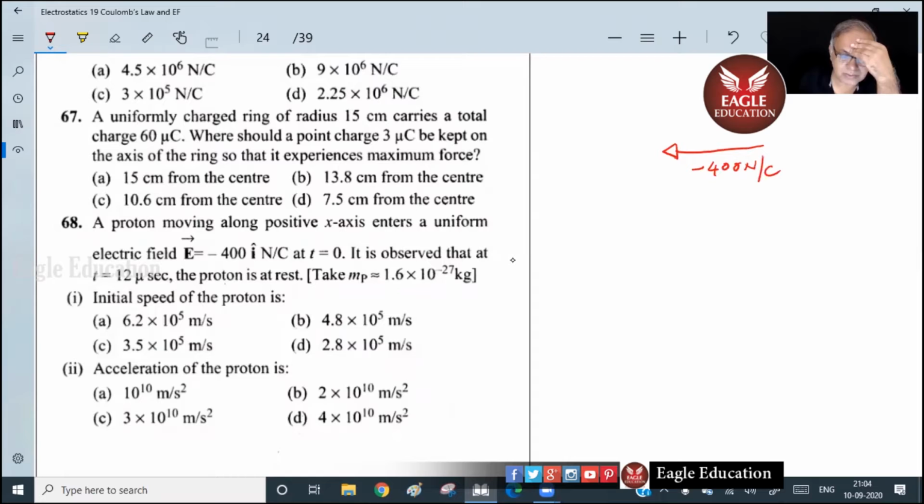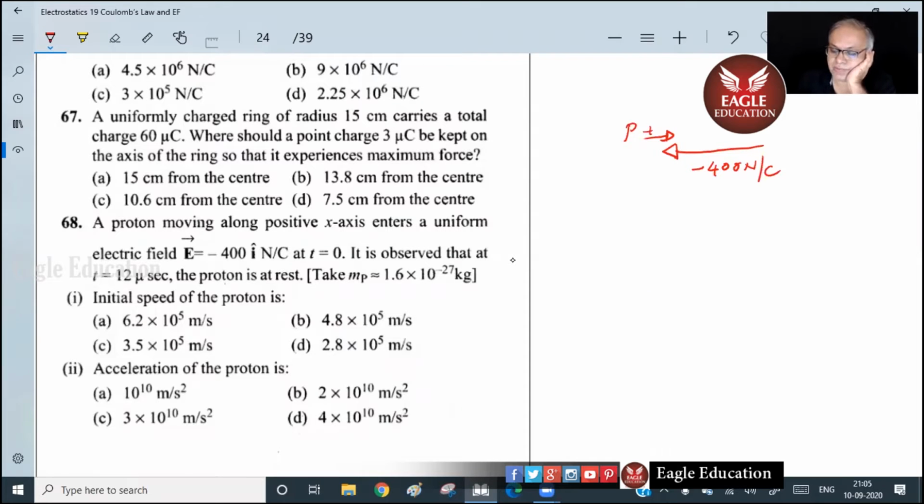At t equals 0, a proton, a positively charged particle, enters with a certain velocity, right? And after t equals 12 microseconds, it comes to rest. So just an ordinary question.